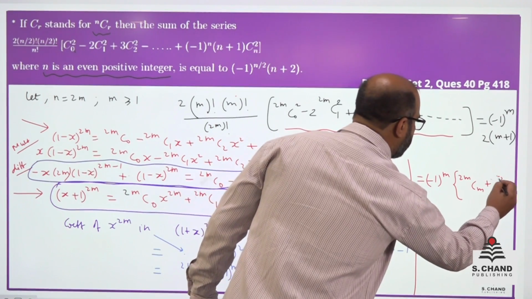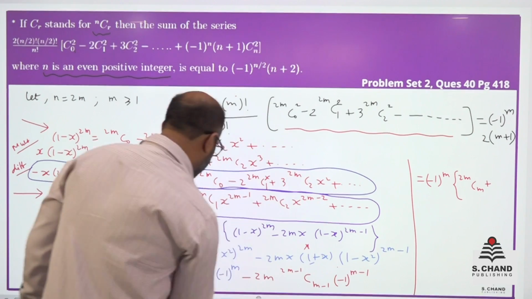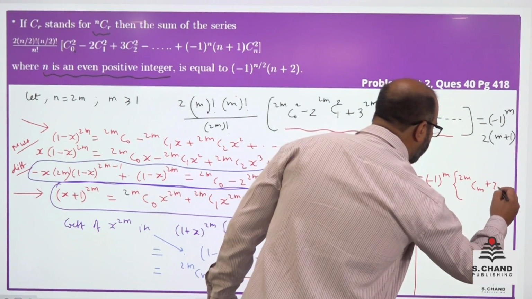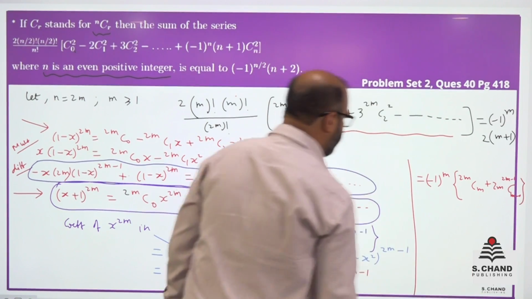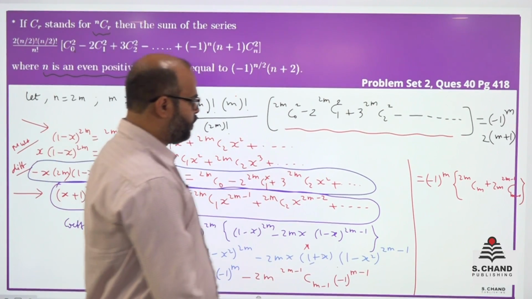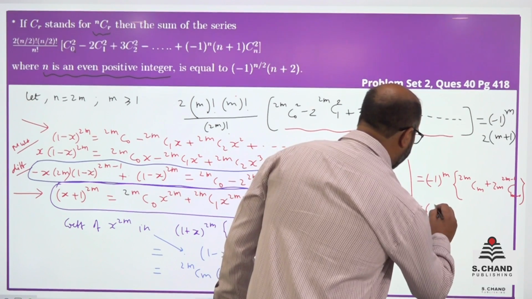So plus 2m into 2m minus 1 cm minus 1. This is how you will write it. So this is equal to minus 1 to the power m.